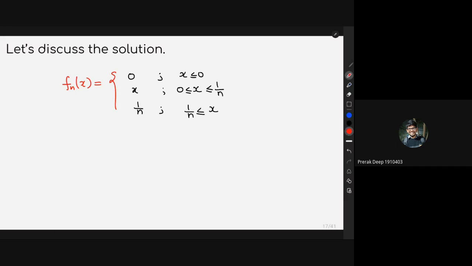So if you try to draw it for any given n, first of all, it is a sequence of functions. Is that clear? Because this n is varying in the natural numbers. So notice that fn is a sequence of functions. What does it mean?